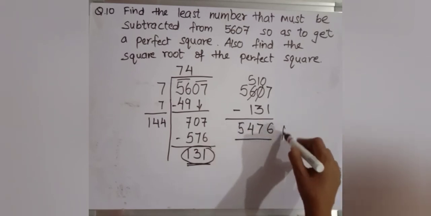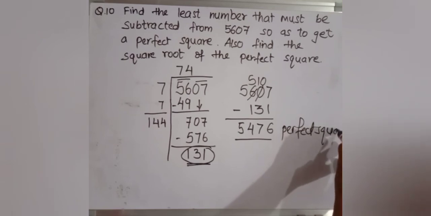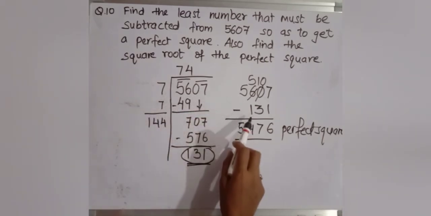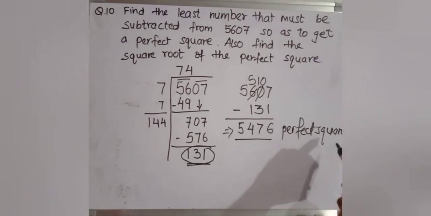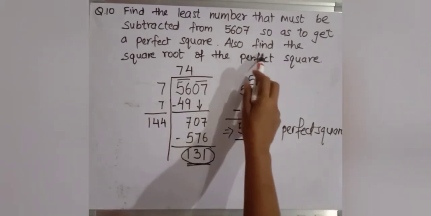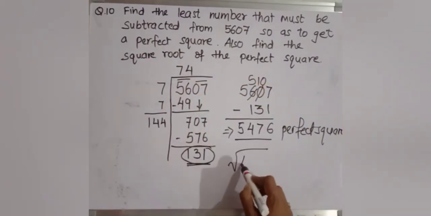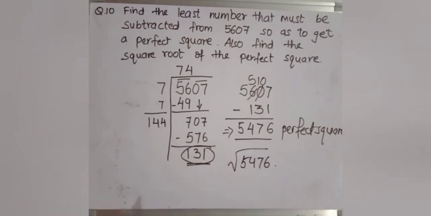This is a perfect square. Again, after subtracting 131 from 5607, we will get this number, 5476, which is a perfect square. The next step is to also find the square root of the perfect square. So we have to find the square root of 5476.